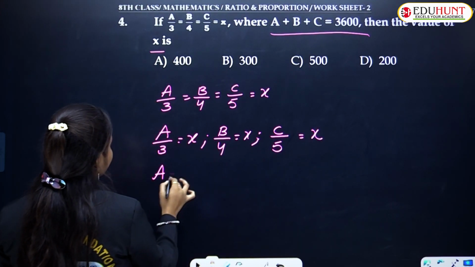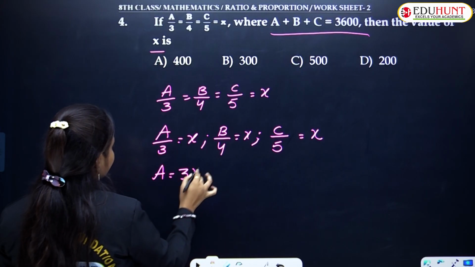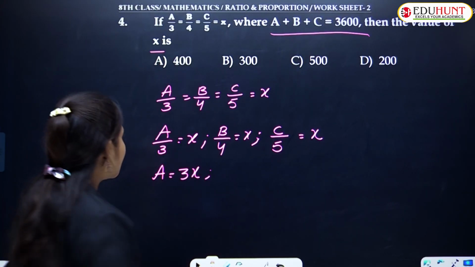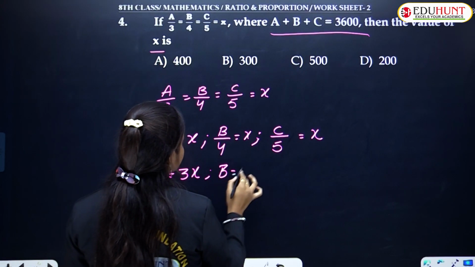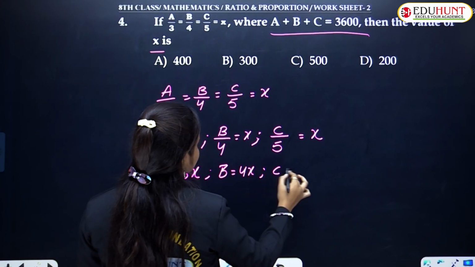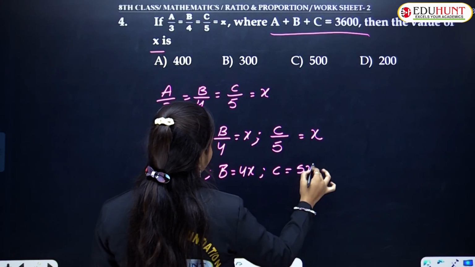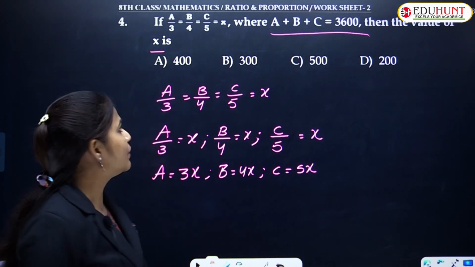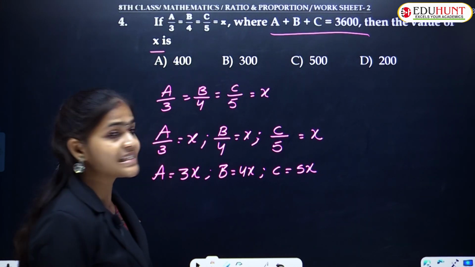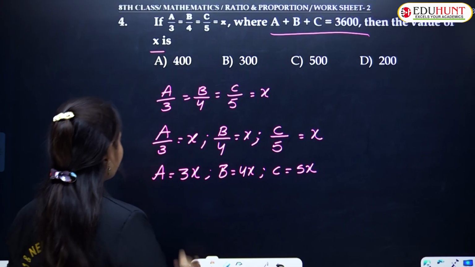Okay, so from this one A is equal to 3 into X, that is 3X. And in the same way, B is equal to 4 into X, that is 4X. C is equal to 5 into X, that is 5X. Clear? And here A plus B plus C is equal to 3600 they given.